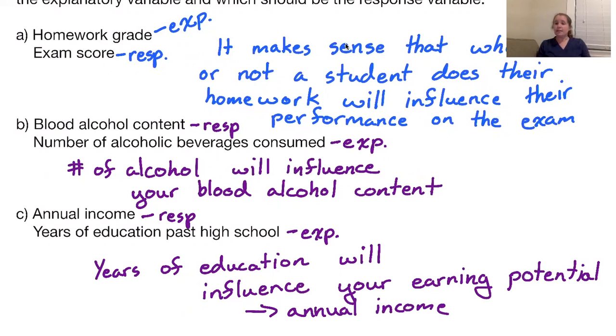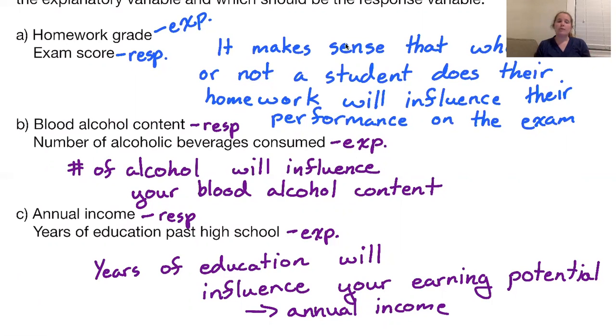Now, on the other hand, if we talked about your parents' annual income and then your years of education past high school, right? People whose parents have a lot more money are more likely to be able to afford going to, say, a 4 year college or going to professional school after a 4 year college.